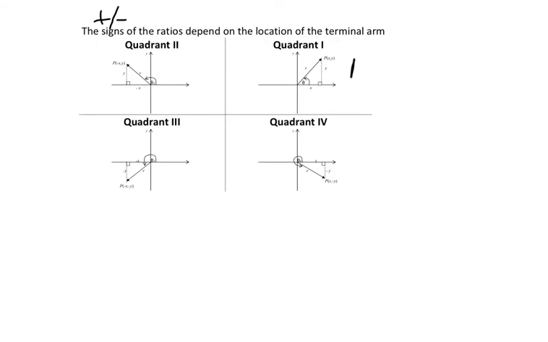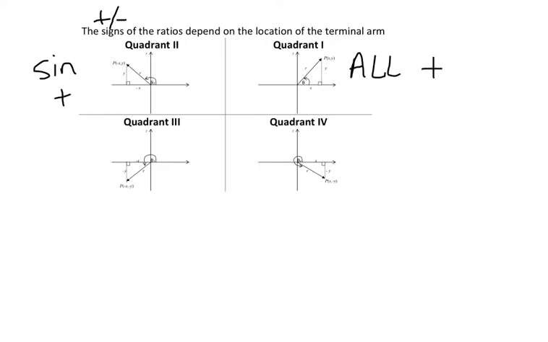So over here in quadrant 1, all are positive. In quadrant 2, my opposite is what's positive, adjacent is negative. So in quadrant 2, sine is positive, and that's it. Because cosine is negative because of the negative x, tangent is negative because I've got positive y over negative x. So over here, only sine is positive.